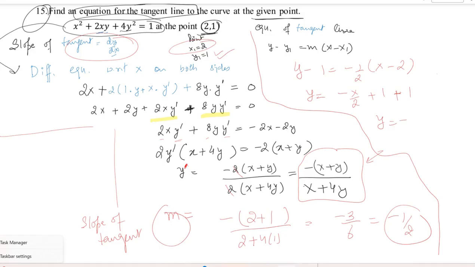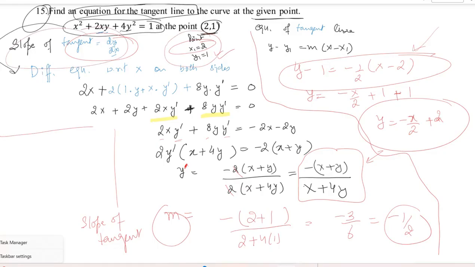So y equals negative x by 2 plus 2. So this equation can be written as this also and this also. Both of them are correct. This is the equation of the tangent. For any equation of a tangent, you need a slope and you need a point. For the slope, you need to find the derivative.